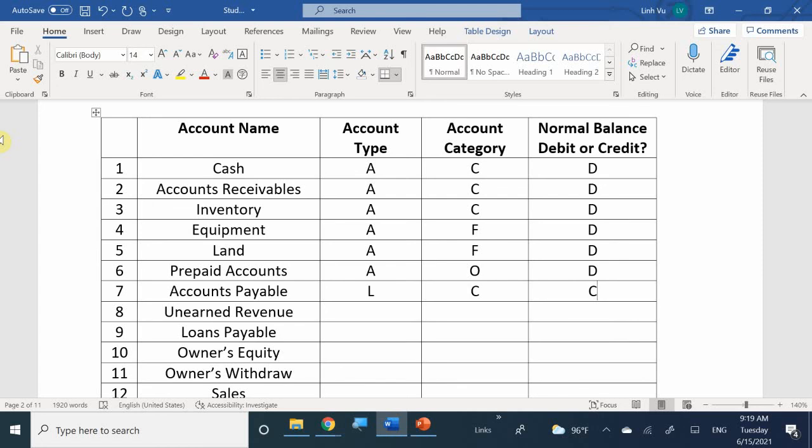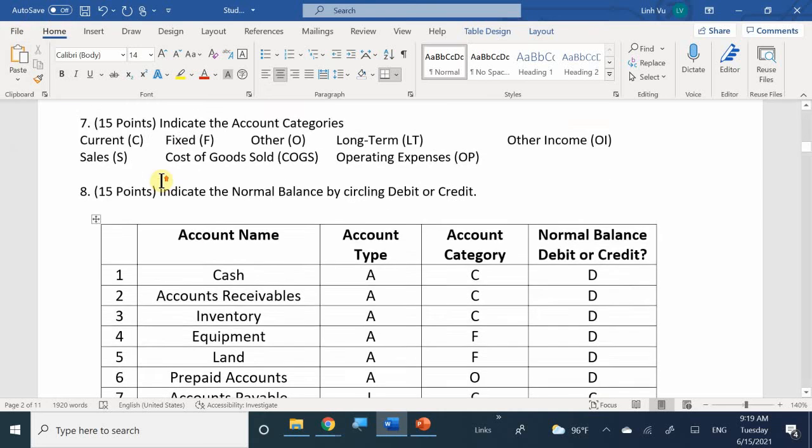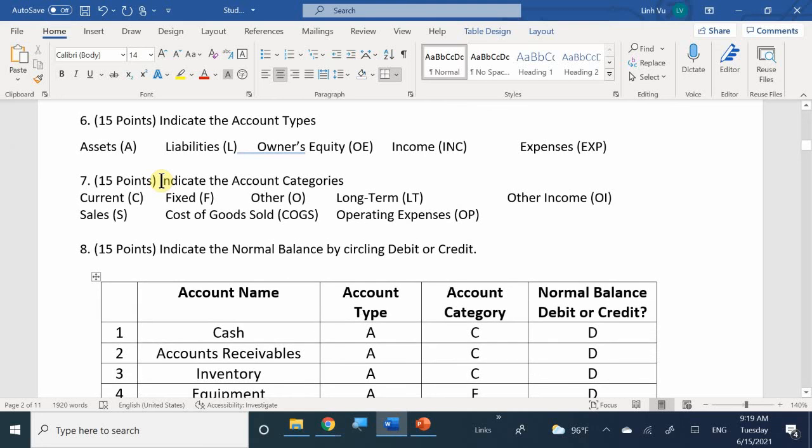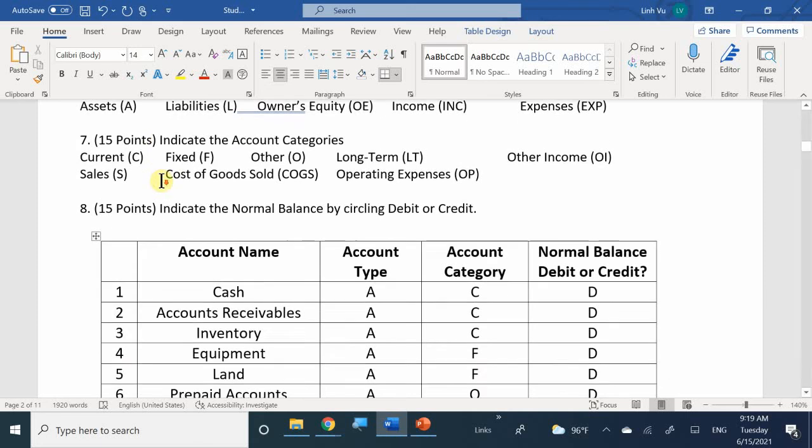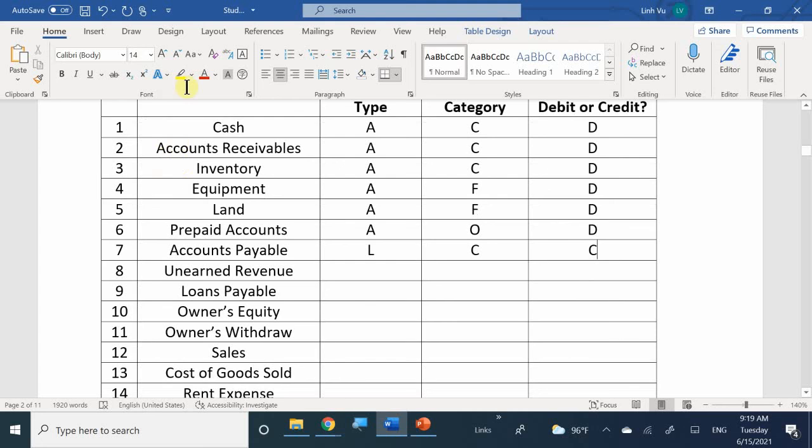So, okay, in this case, it's not an income. Can you go back up to the choices again? Assets, liabilities, owner's equity, income, and expenses. Is it income? It's not income. Don't get confused with the word revenue that's there. What happens when it's unearned?